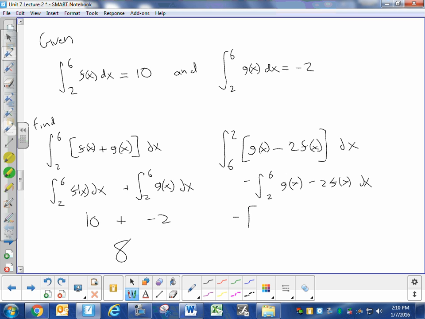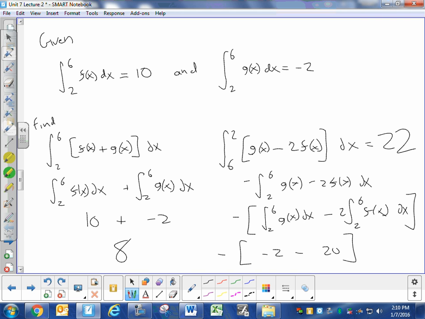Split them up. Pull out the -2. I have negative. G of x is -2. Minus 2 times f of x would be -20. -2 minus 20 is -22, but take the opposite of that. The answer is 22.